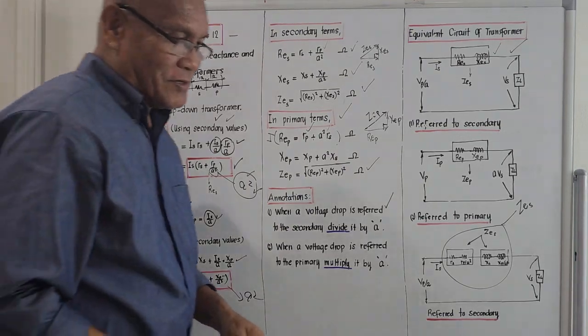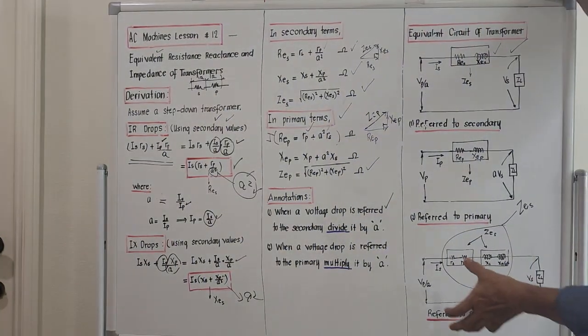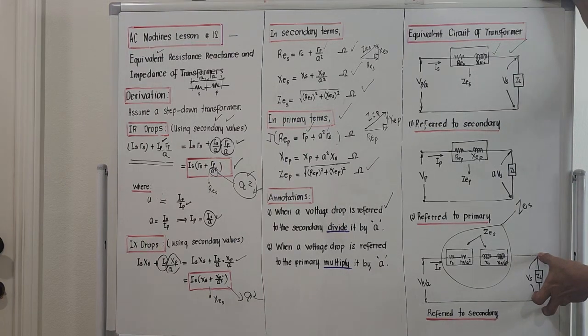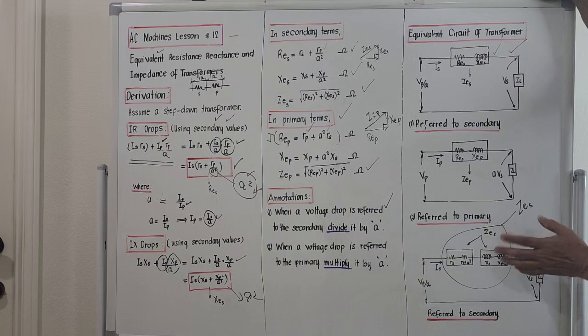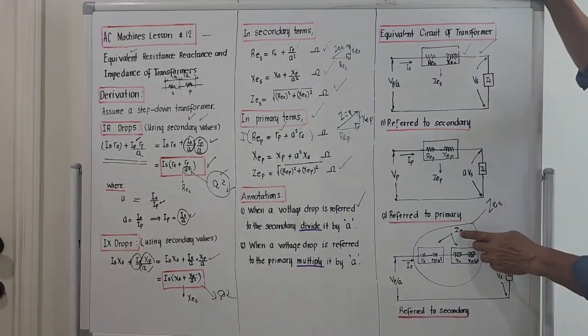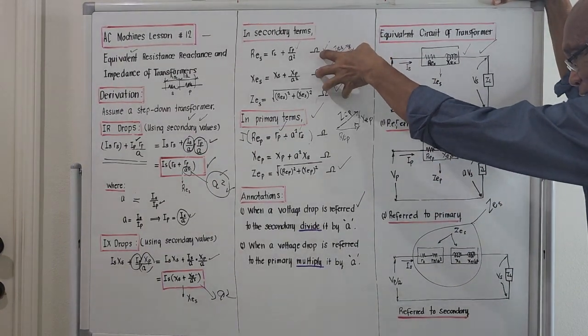Okay, that's it, guys. So in the computation of this voltage over here compared to this voltage here, we must include the so-called equivalent impedance, and this equivalent impedance is actually these, right?